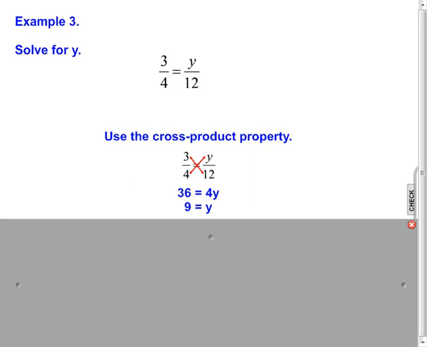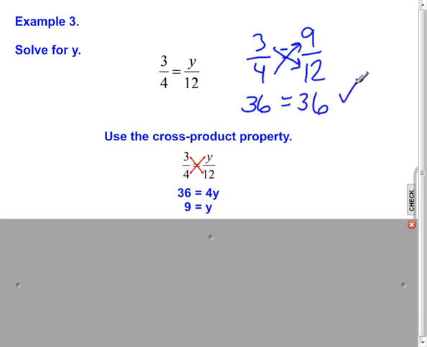So we have 3 over 4 equals 9 over 12. You can reduce this to see if it's the same. Another way is to cross multiply, so we get 3 times 12, 36, equals 4 times 9, 36. Since they are equal, we know that this is correct.